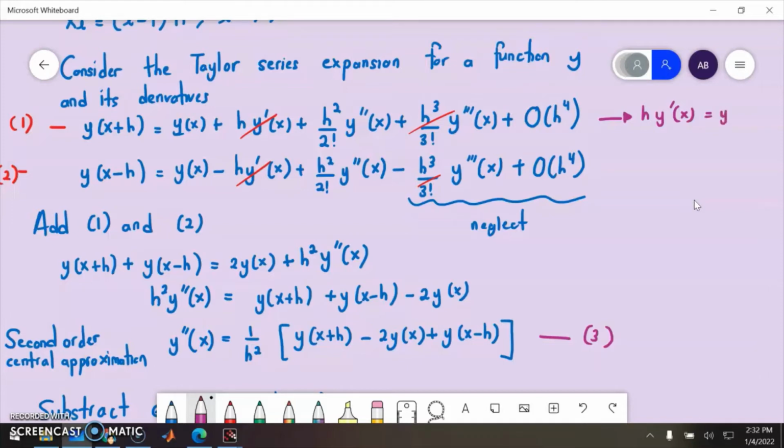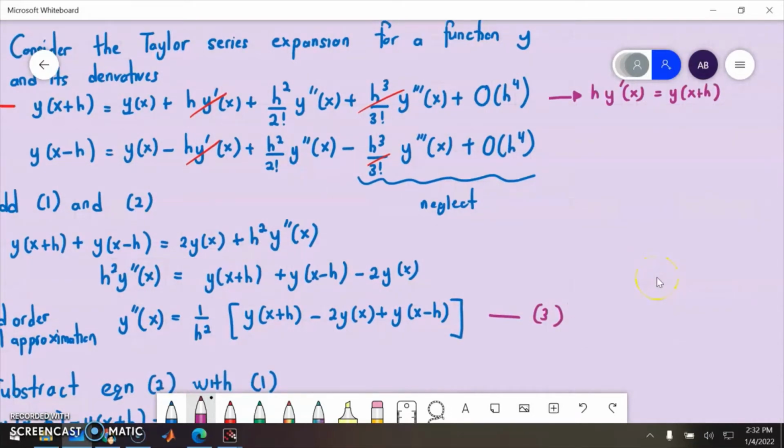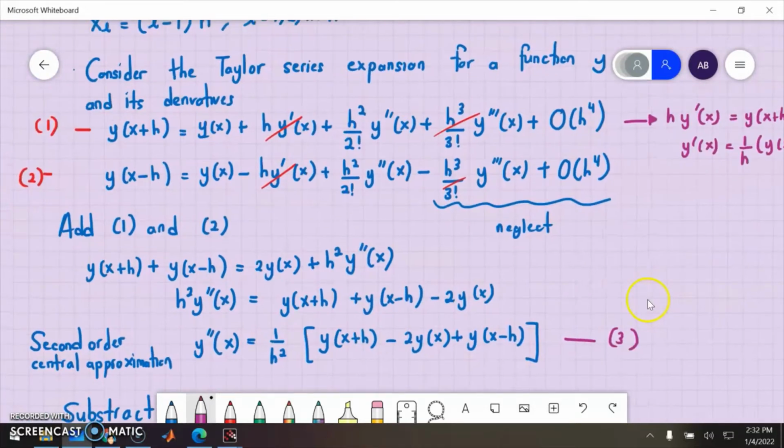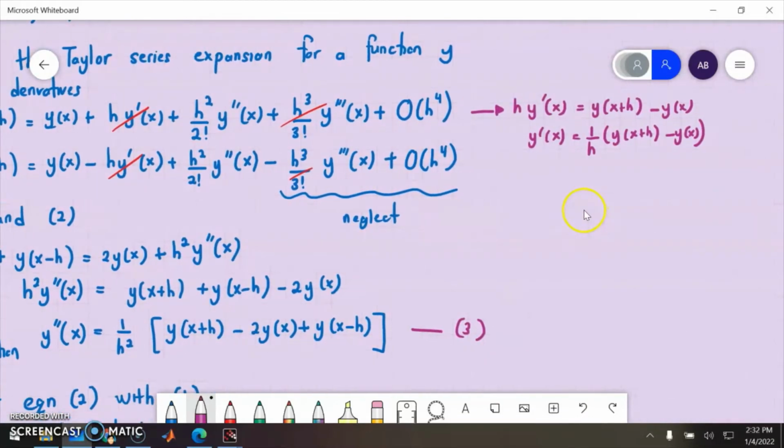So I have y(x+h) minus y(x). Okay, that gives me y prime x equals 1 over h times y(x+h) minus y(x). See that? If I'm just considering the y(x+h) term here, this is what we have, the forward difference.